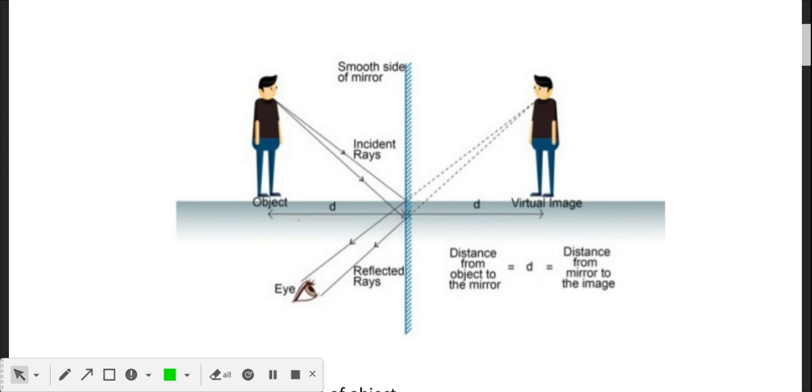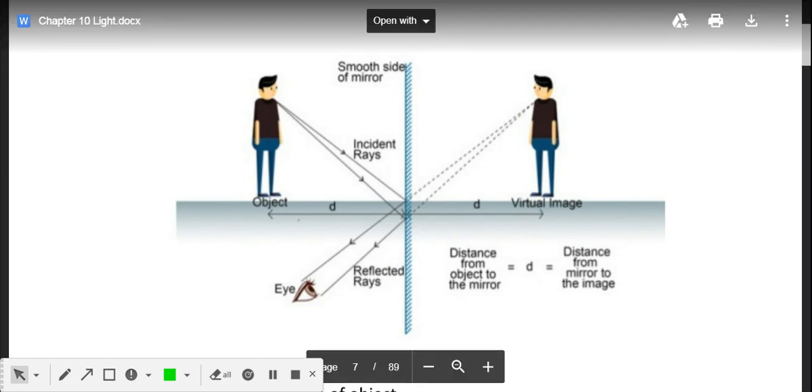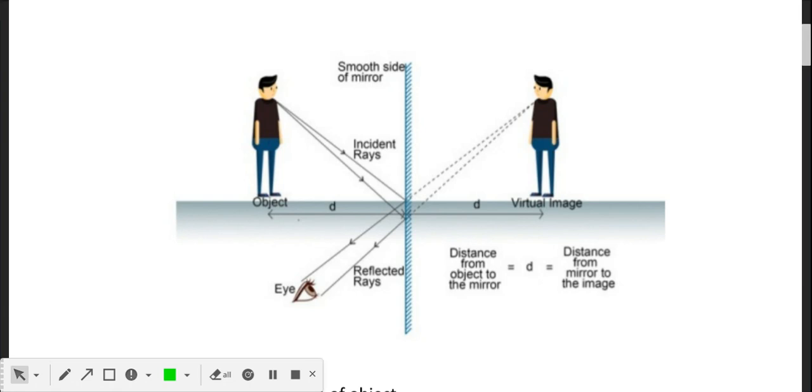This is C, right? So how is the image getting formed? Just see, the rays are going like this, and as it is a plane mirror, rays should not go behind it. So rays get bounced back in the same medium, right? But as it's a virtual image, virtual means imaginary.